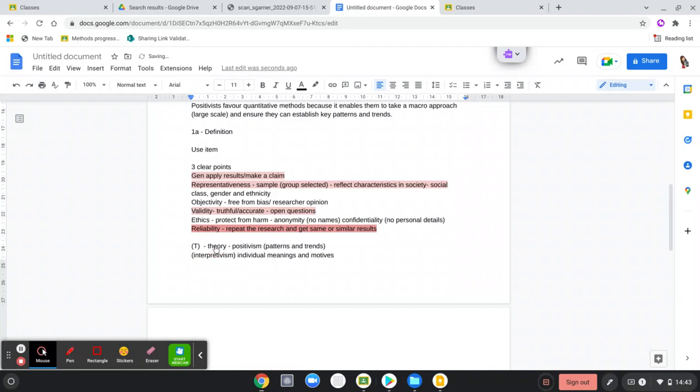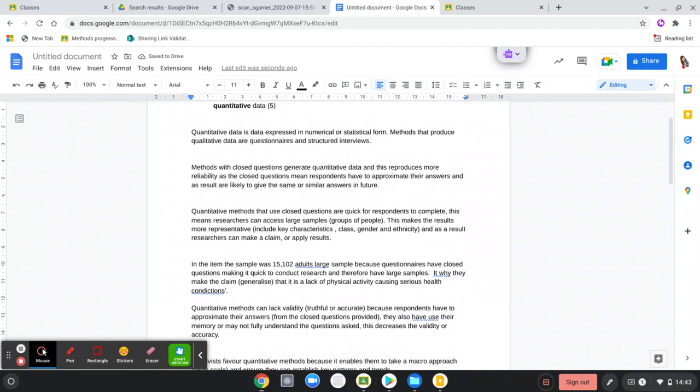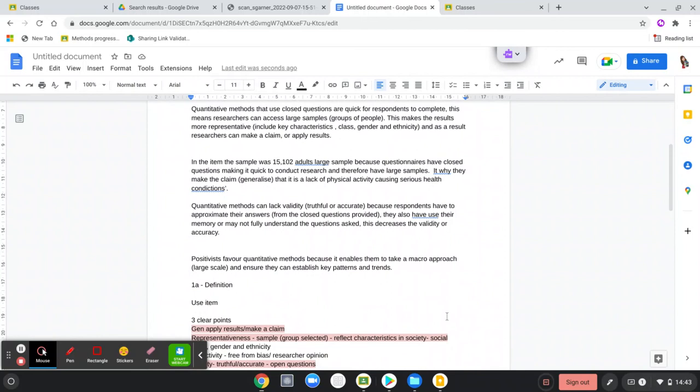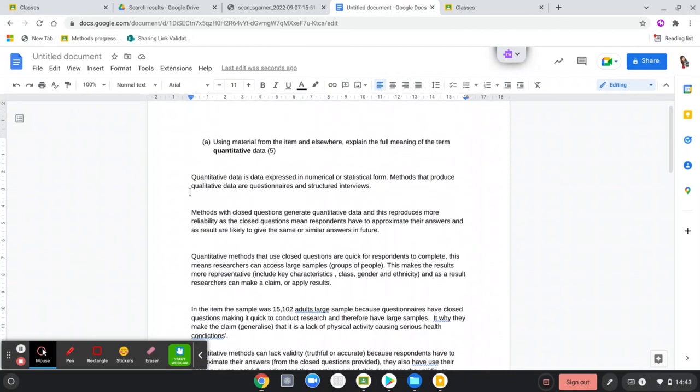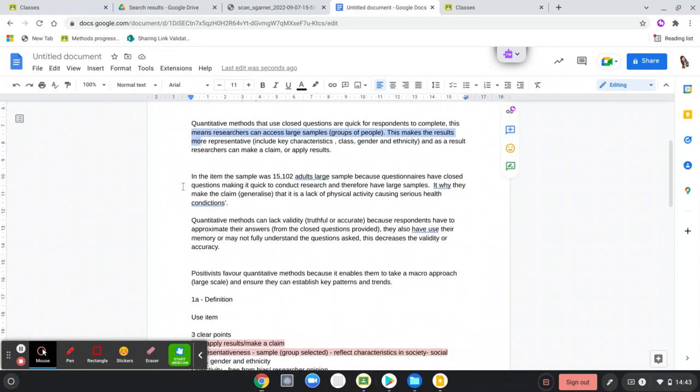Okay? Theory is always a really good one. Now given them 6 marks, but I just remembered that we can include that in it. Definition, definitely. Clear point, item, and then there's 2 possible clear points there. Any questions, please let me know, but just ensure you've written that all out to help support you with what we've done in the lesson, but also applying it to the exam board. Thank you, folks.